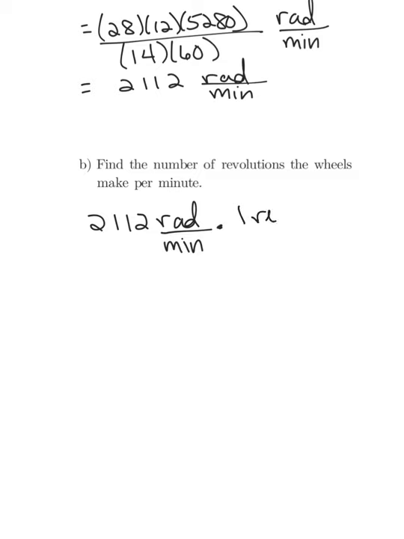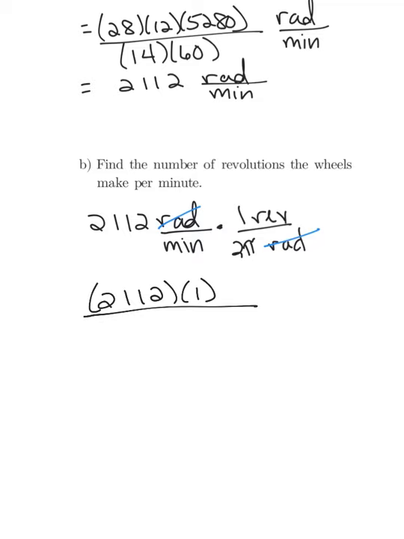1 revolution equals 2 pi radians. Well, now the radians cancel, and you have 2,112 times 1 for numbers in the numerator. You have 2 pi for numbers in the denominator.